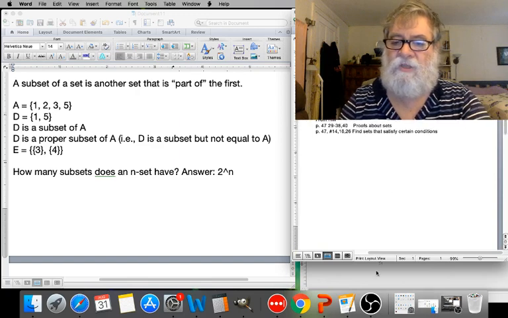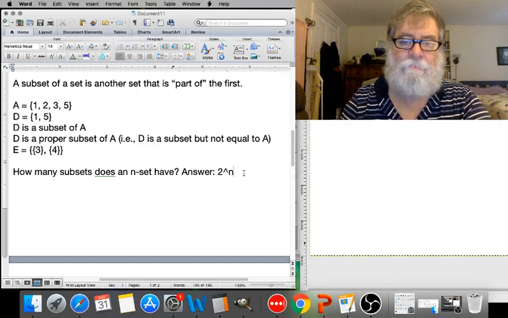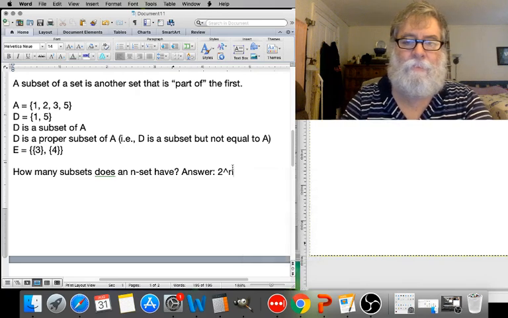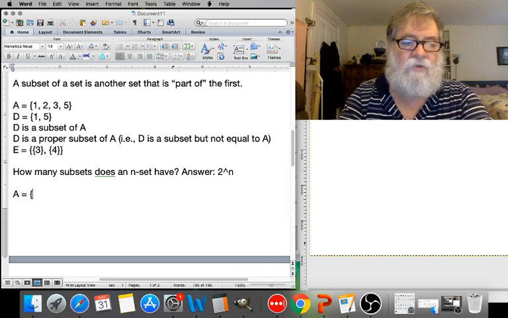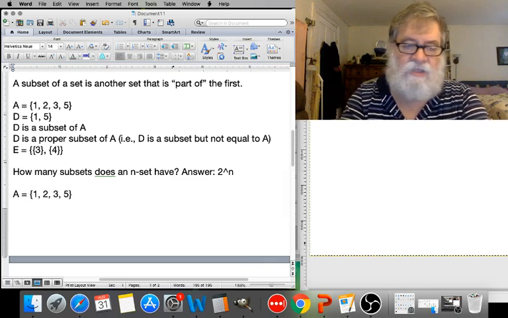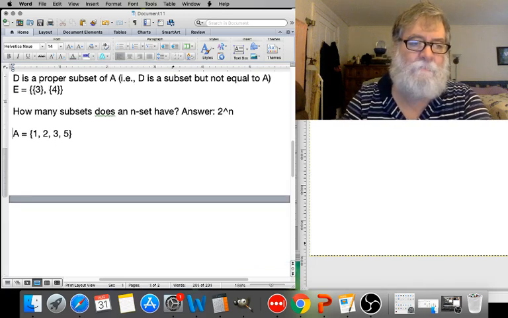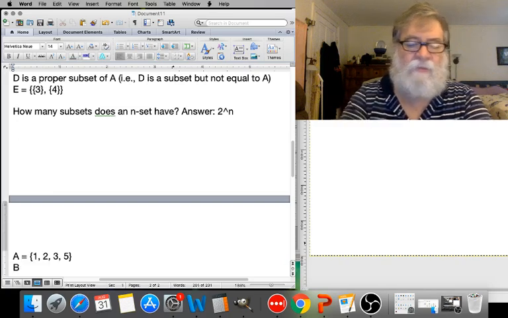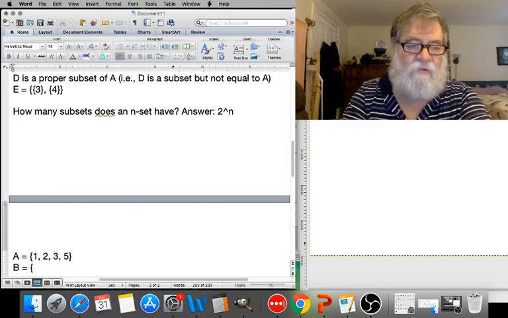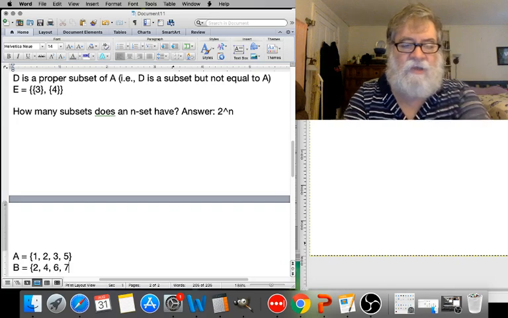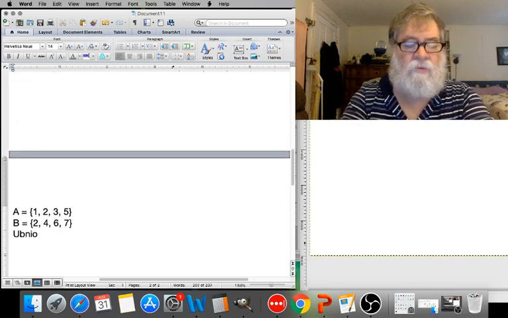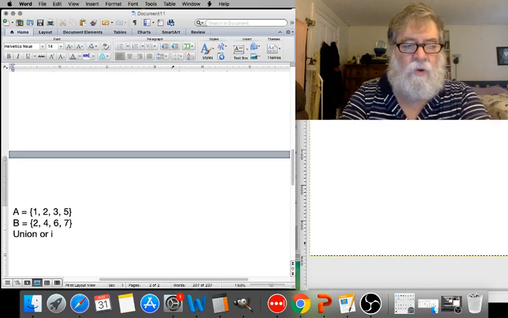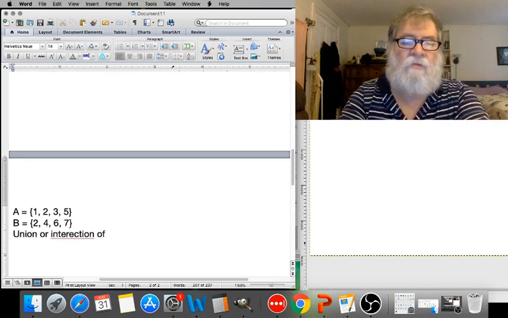Let's talk about unions and intersections. If you have 2 sets, let's let A equal {1, 2, 3, 5} again. And just to keep things a little bit more consistent, let's let B be another set with numbers in it: {2, 4, 6, 7}. We can look at the union or intersection of the 2 sets.